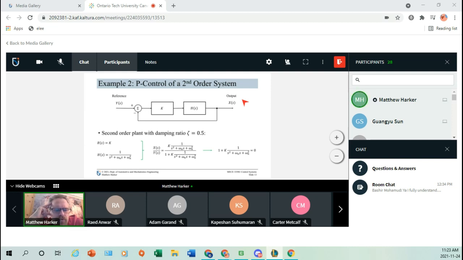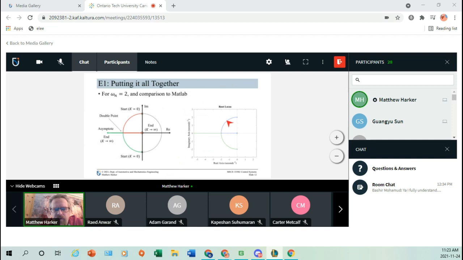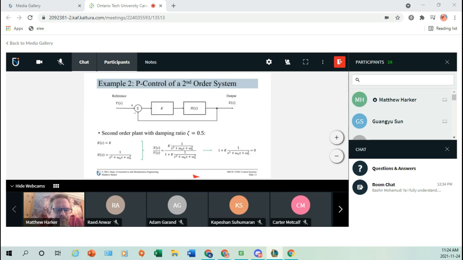And what we'll do is take, just as an example here, a damping ratio of 1/2, just because it's, let's say, an interesting point on that curve. So we'll basically take the point right at the midpoint of that real segment there.